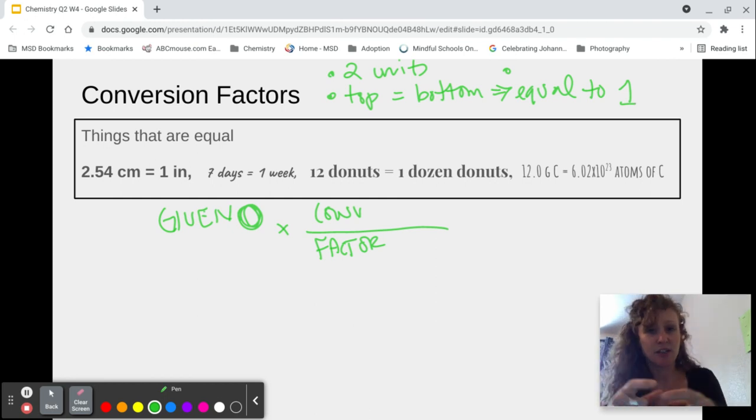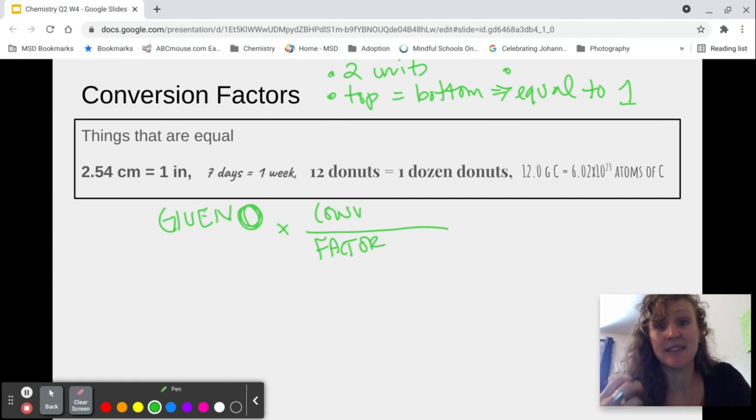If we take a high school track of 400 meters and we multiply it by a conversion factor, 1 kilometer over 1,000 meters, what we get is that same distance, the same high school track in kilometers. We've taken our high school track, we've multiplied it by 1, right? Just 1 in 2 different units, and we end up with the same distance in a different unit. That's what a conversion is, and that's why dimensional analysis works.